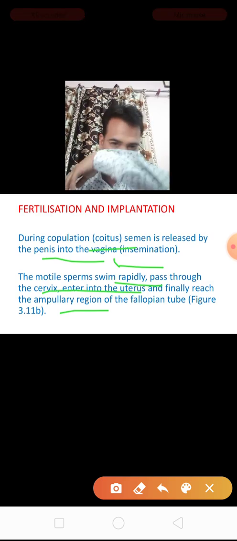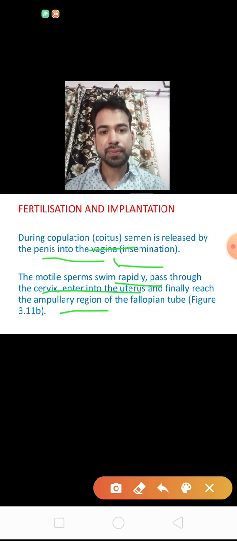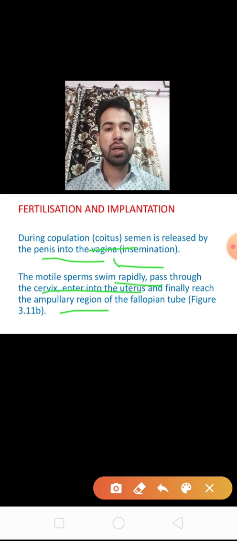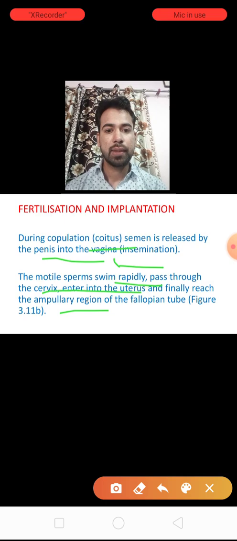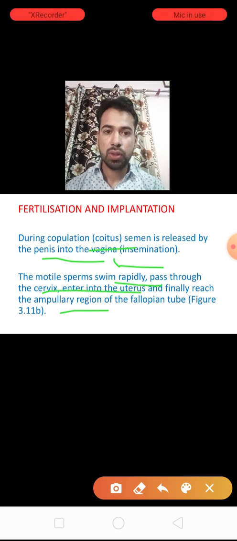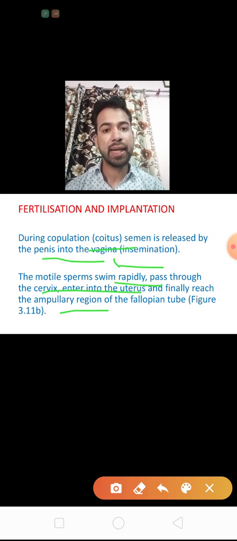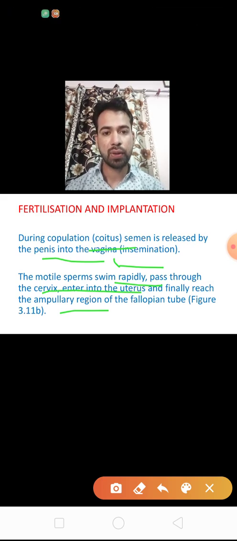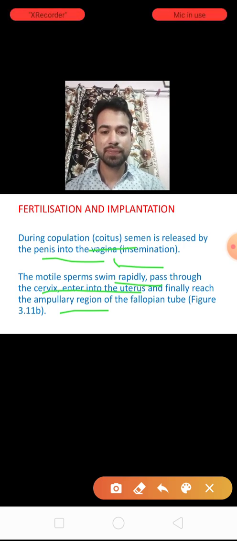Clear about this? The sperms go to the ampullary region, which is the site of fertilization. The egg also comes to the ampullary region, where the fertilization process will take place.